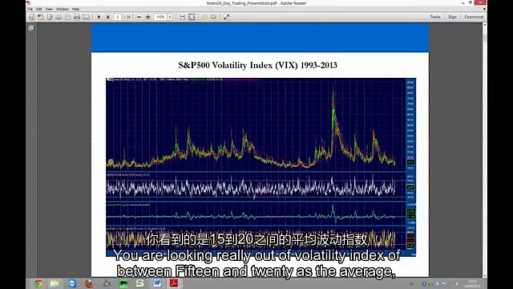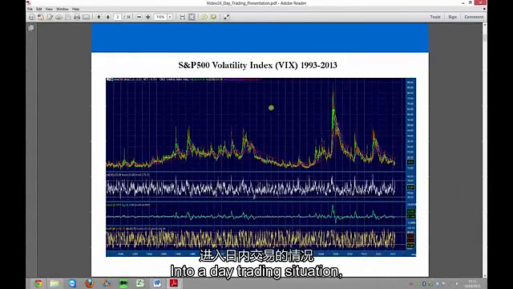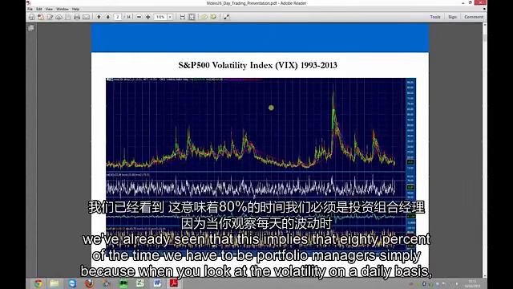You're looking at a volatility index of between 15 and 20 as the average, which, when you back this out into a day trading situation, we've already seen implies that 80% of the time we have to be portfolio managers.